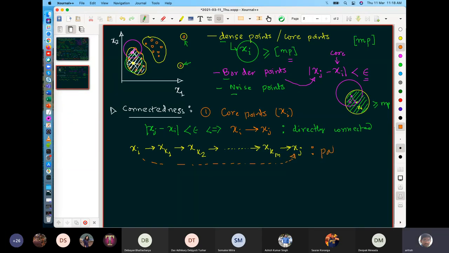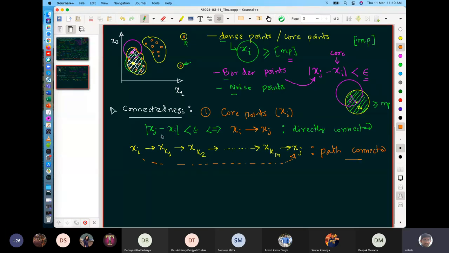Sorry, this is called path connected. Which means that if I draw a circle in xi, a core point, xk plus 1 comes in. If I draw a circle in xk plus 1, within that dense boundary I have xk plus 2, and so on recursively. I can define that my cluster will span from xi to xj because xi and xj are path connected.